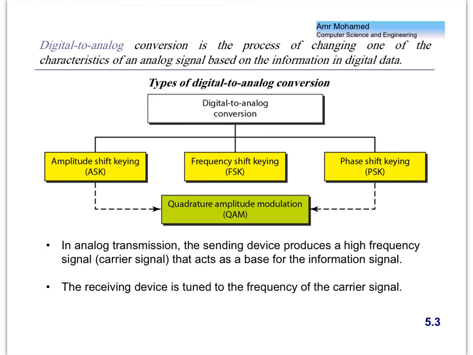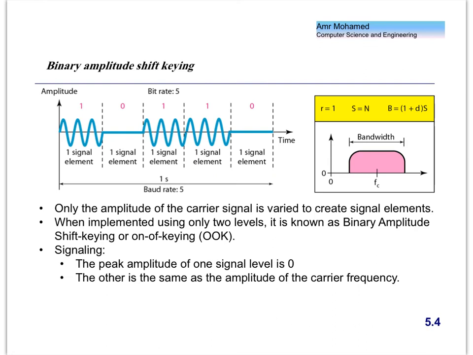And then QAM, or quadrature amplitude modulation, tries to combine two of them, the amplitude with the phase. So by combining two properties, we have come up with a fourth category of schemes.